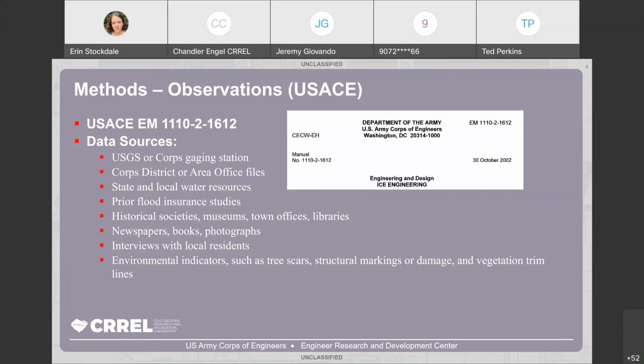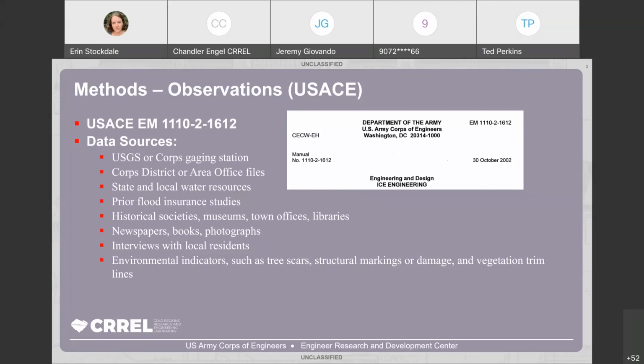The data sources that can be used with this sort of analysis, of course, are stream gauges. Those are systematic measurements that are always extremely helpful. And if you happen to have a stream gauge near a location where you're doing your analysis, then that's a great way to go. There are also potentially records of events in project offices or district Corps offices.